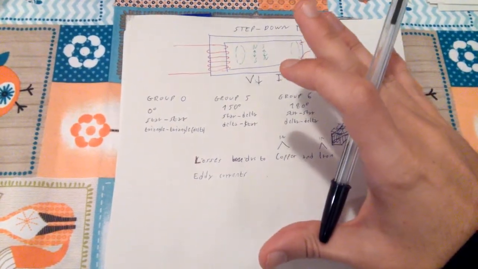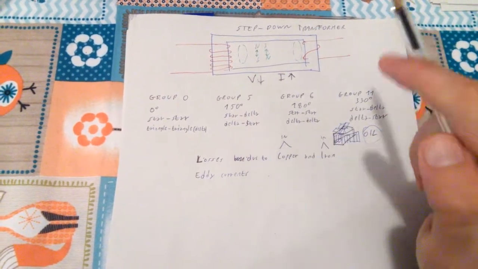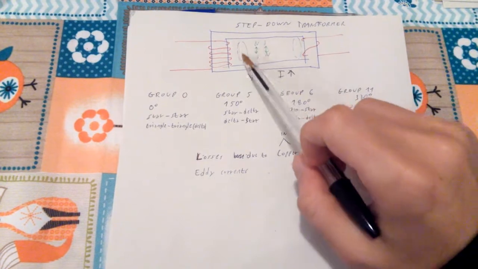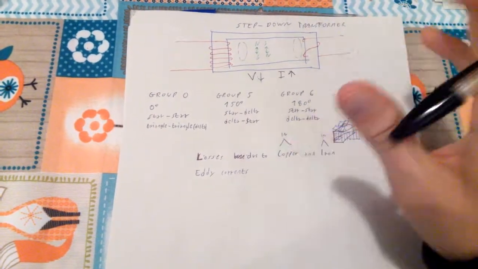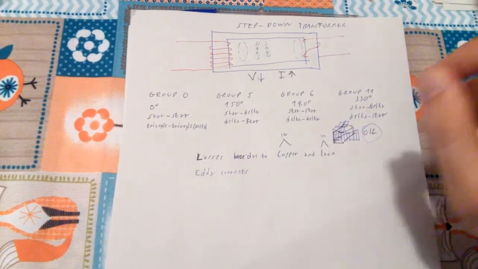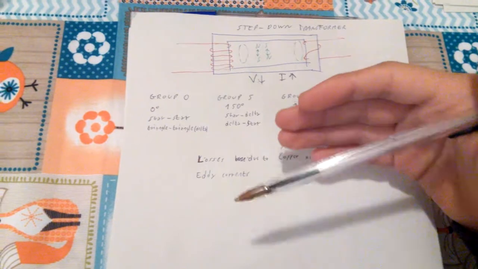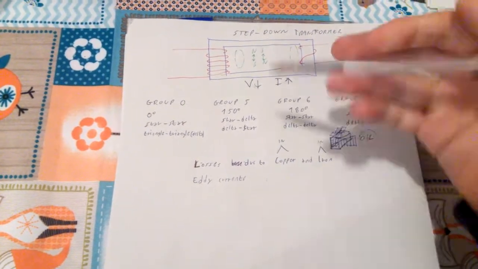Everything is fine, but we assumed that this magnetic field was independent and perfect, that nothing was going to interfere with it. But in the real world, there is.